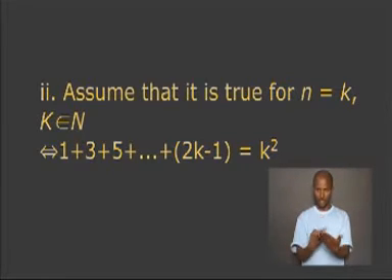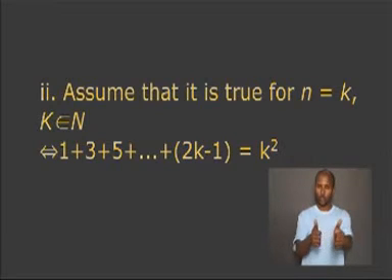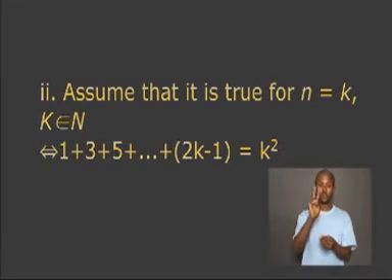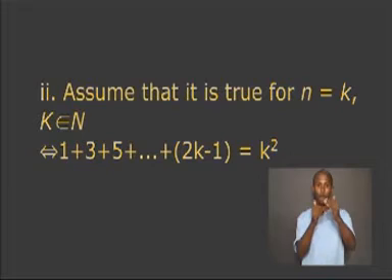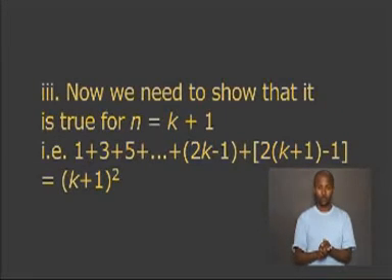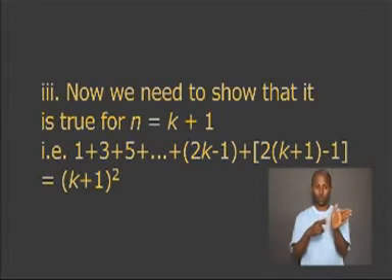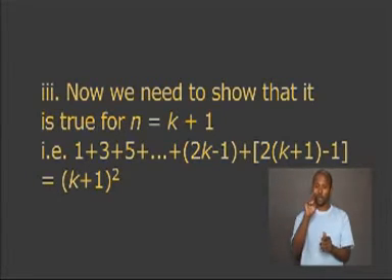Then 1 plus 3 plus 5 and so on plus 2k minus 1 equals k squared. Now we need to show that the rule is true for n equals k plus 1.